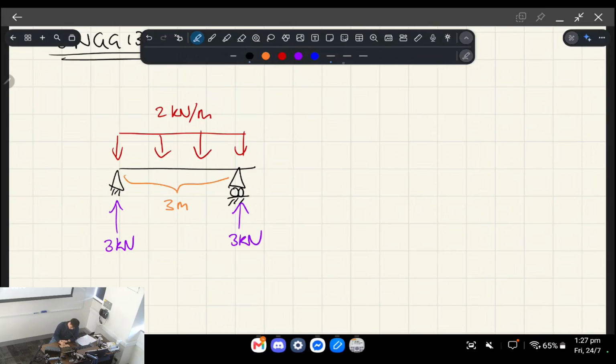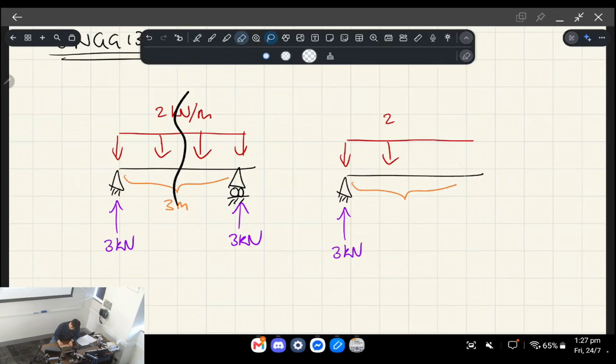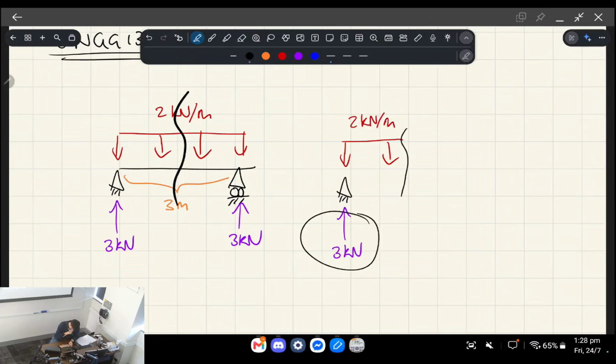Okay, if I was to slice the beam in half, right, what happens is if I redraw this, let's say I copy this over, like so, delete a bit of it, like so. So this is 2 kilonewtons per meter still, and then this reaction stays like so, and that's some portion of the beam, right?